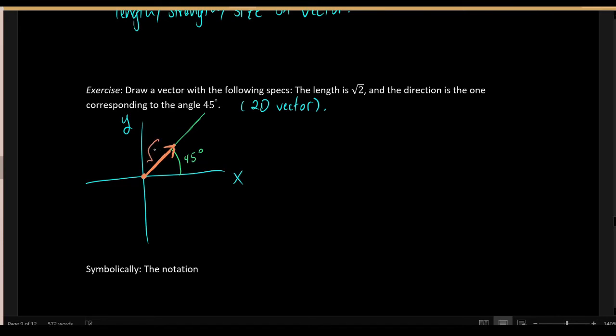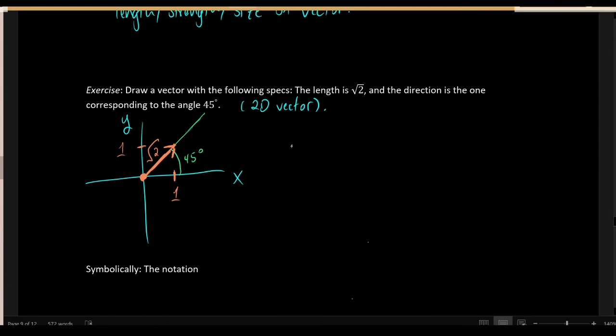So I can indicate that by drawing a square root 2 next to the vector in the picture. Or I can note the fact that a vector of square root 2 length pointing in the direction of 45 degrees can be achieved by going 1 unit in the x direction and 1 unit in the y direction.